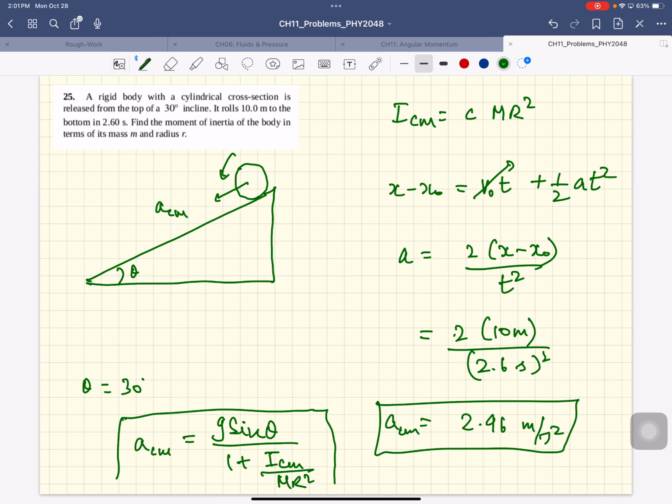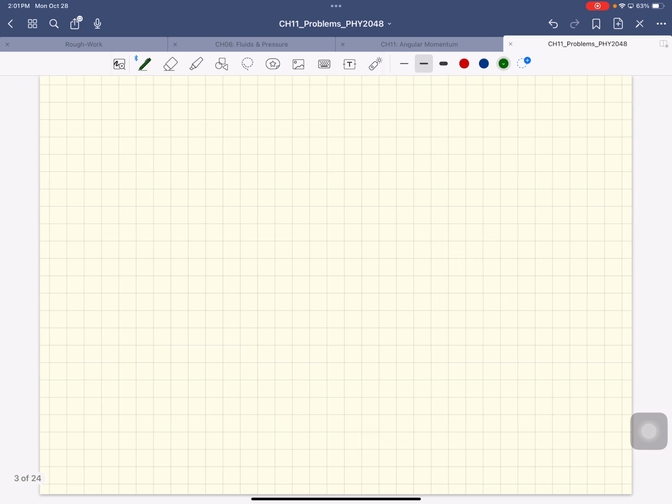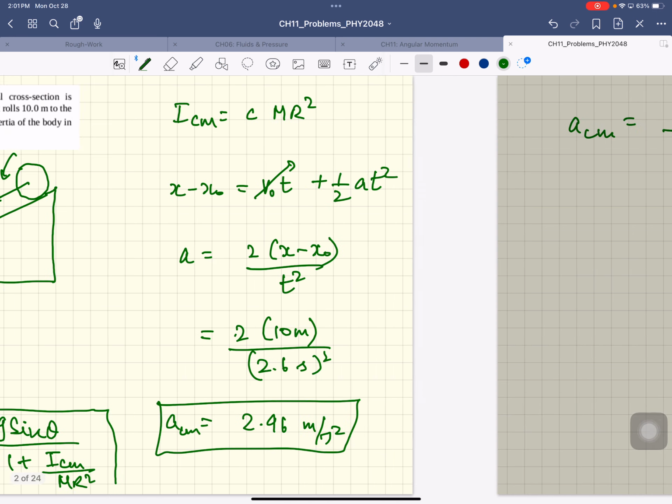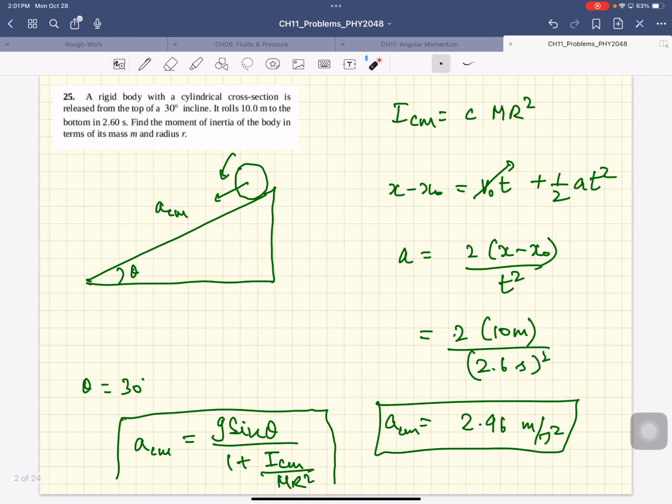But the center of mass acceleration is equal to g sine theta divided by 1 plus c. This divided by that is c. C is what we want to find.